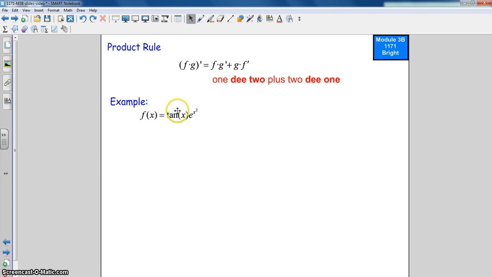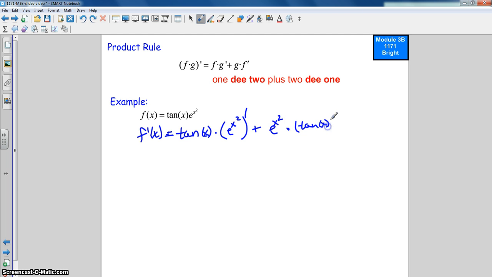So we're going to do the product rule with an example here. So this is our example function, and if I compute the derivative of this, f prime, this says, well, I need to leave the first one, tangent, and then I'm going to multiply by the derivative of e to the x squared, and then plus, leave the second one, e to the x squared, and then I'm going to multiply by the derivative of tangent.